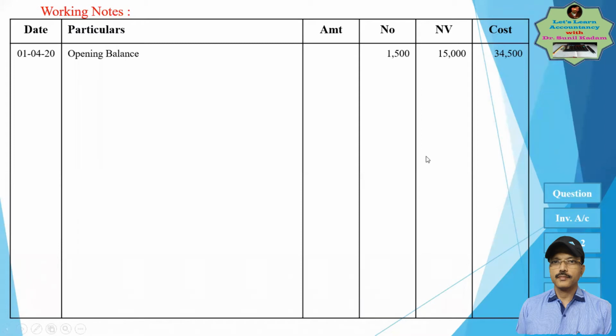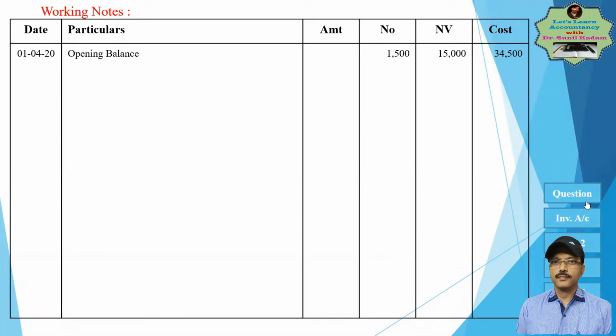But these are shares, therefore there is no need to work out accrued dividend. We record dividend only on the date it is received. Dividend is normally received only when it is declared.